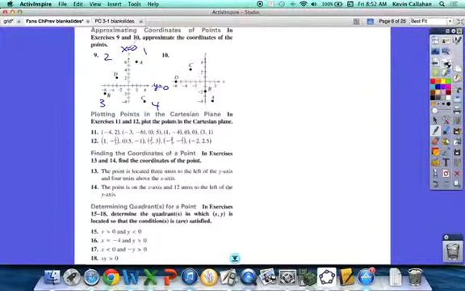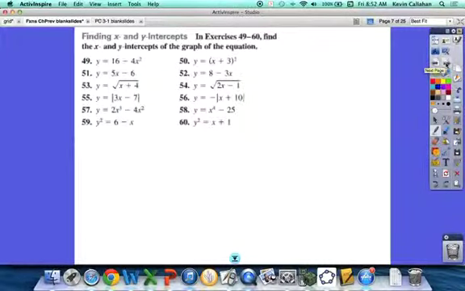Okay. So know your quadrants, how x and y change, where is x 0, where is y 0. And that leads right to this. How do you find the x-intercept?